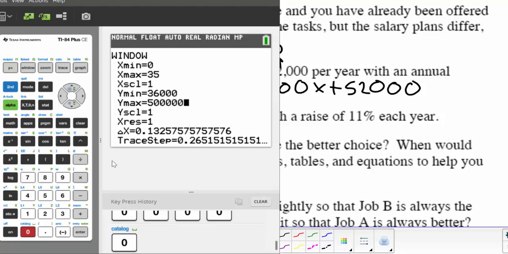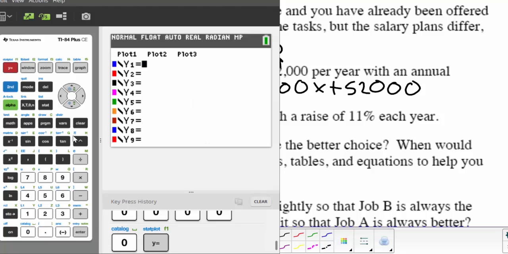Might be surprised. So now we're going to go back and type in our equation. So our blue line is going to be the linear, 3,000x plus the starting value, 52,000. And the red one will be the job B that starts at 36,000, and we get an 11% raise each year.